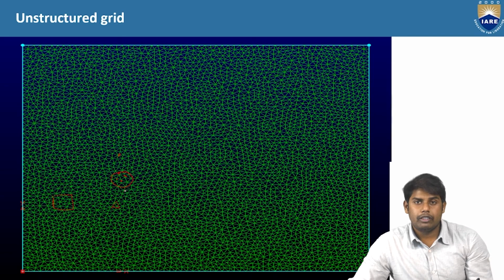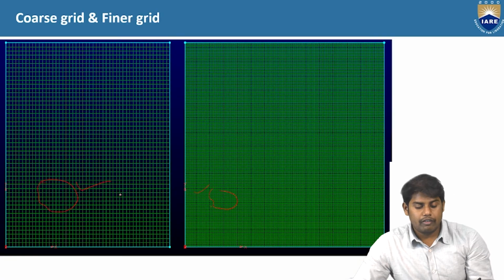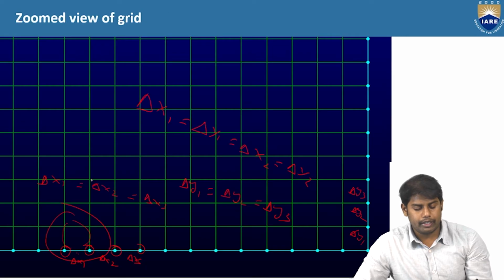And one more thing, for unstructured grid, the computation time will be very high. Why? Because when we take the grid points, we are solving the governing equations, continuity equation, momentum equation, and energy equation, at these grid points. When we are solving three equations at the grid points, let's say you have three variables: u1, v1, p1 at this grid point.